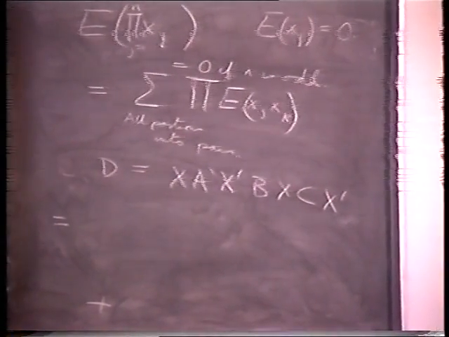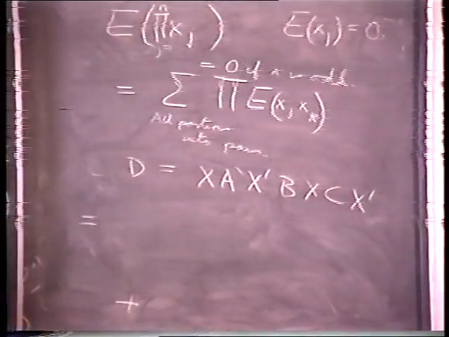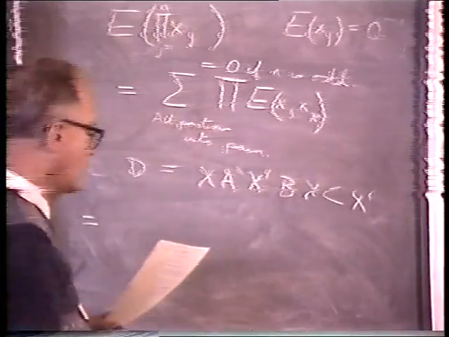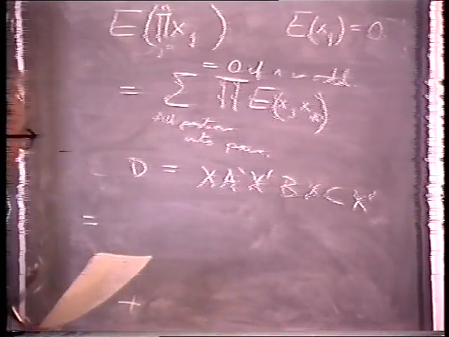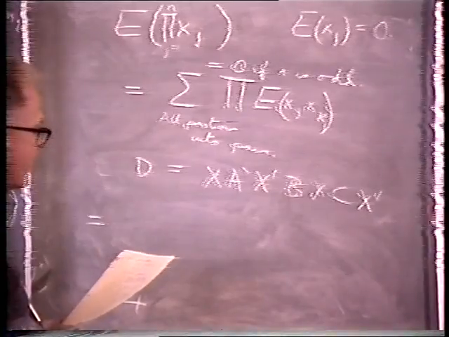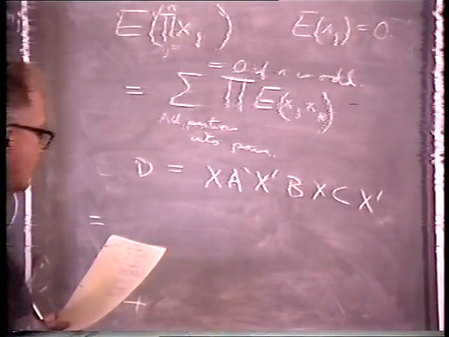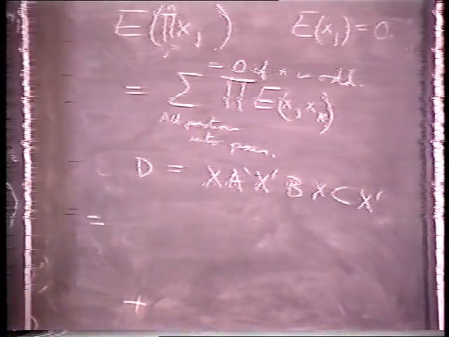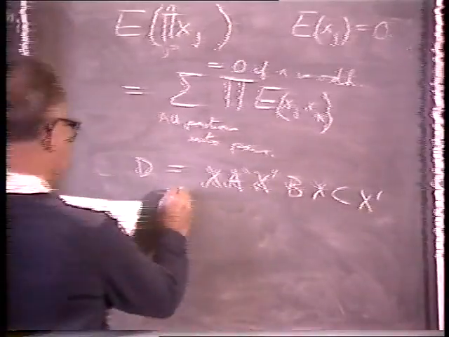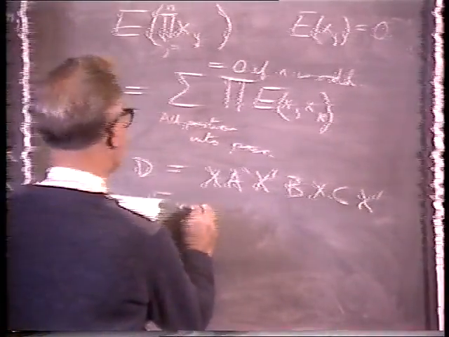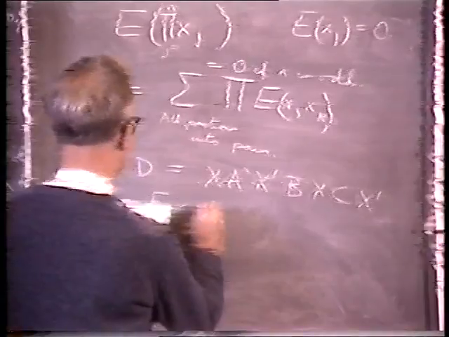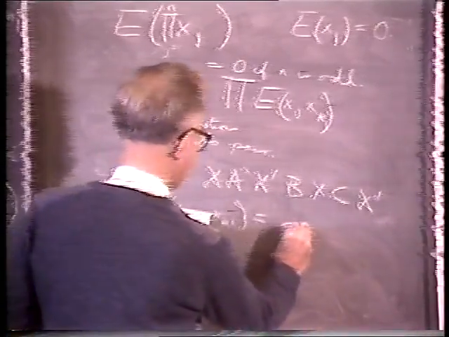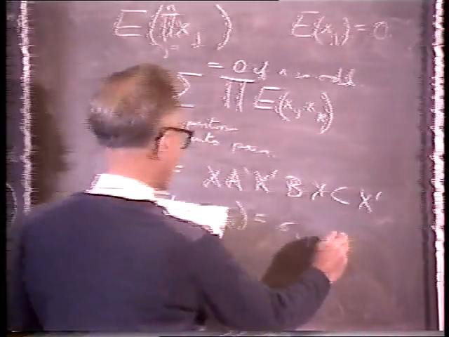I'm using x's in quick succession to mean rather different things. Here I have in mind simply a case where the x's are the kind of covariance matrix which often arises, data second moment covariance matrices, where you have something like expectation of xij xkl is a product, a Kronecker product type of thing.